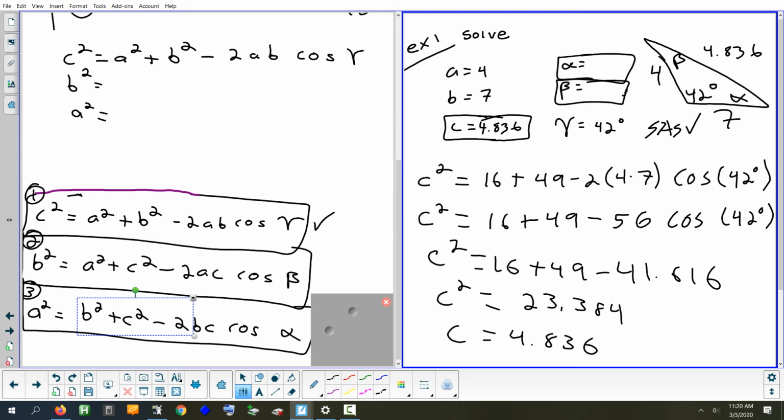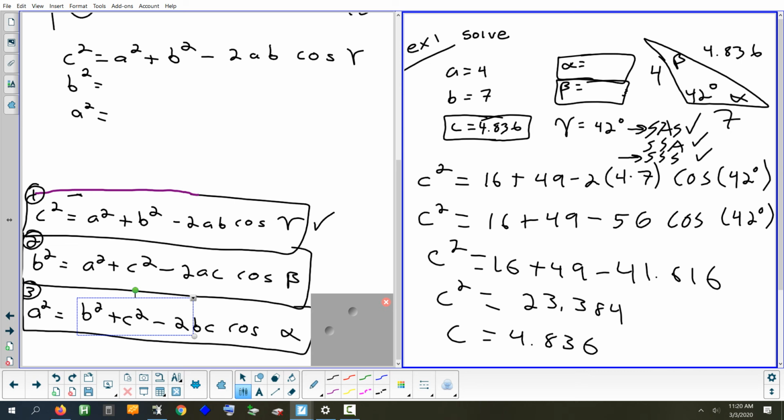You can look at it a couple different ways. So it is a side-side angle, and it's one more type. It's also side-side-side. If you continue thinking of it as side, angle, side still, you would use law of cosines again. If you want to think of it as side-side-side, you could use law of cosines again. I don't want to think of it as side-side angle, even though I could.